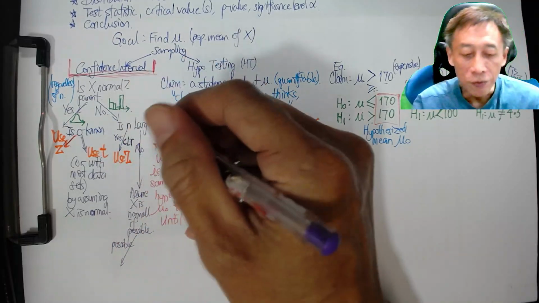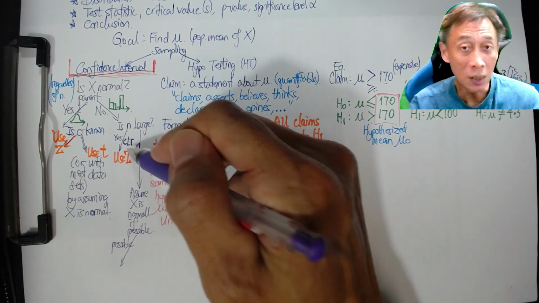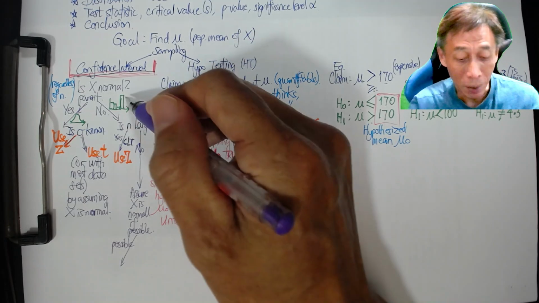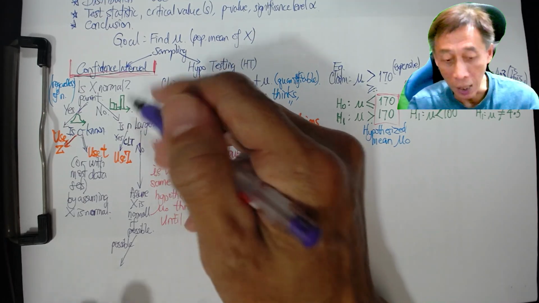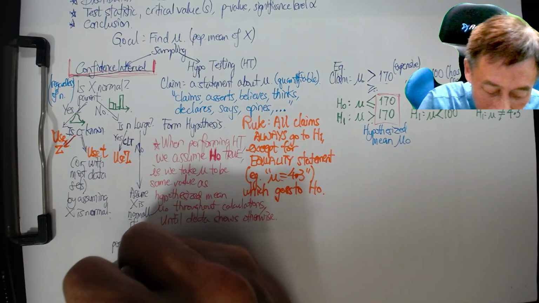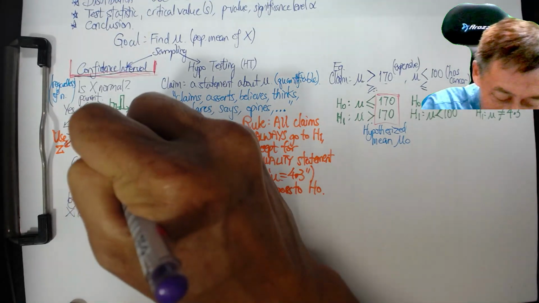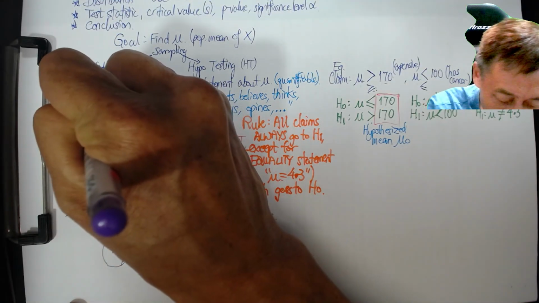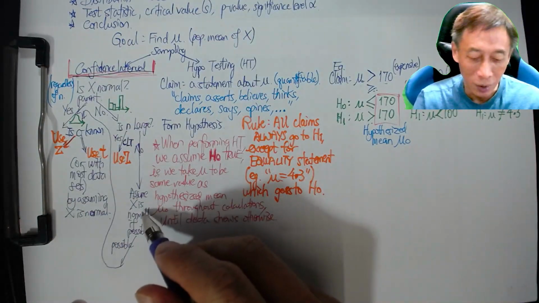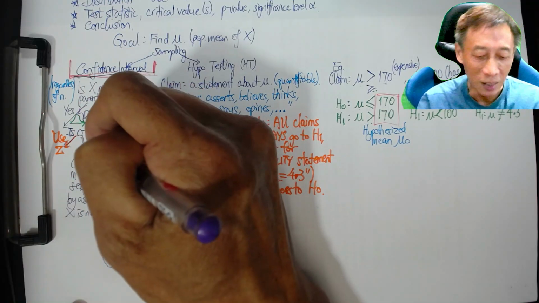But if parent is not normal and n is large, then you can use CLT. But if n is small, like 10, and parent is not described, then you go, I need to draw carefully, all the way back up here, by first assuming that X is normal, so that we go back up here and we ask again, is sigma known?